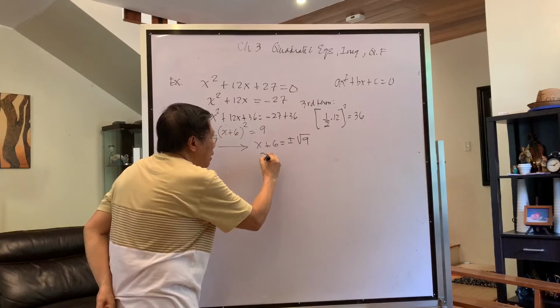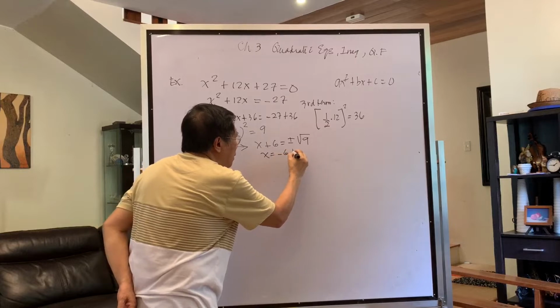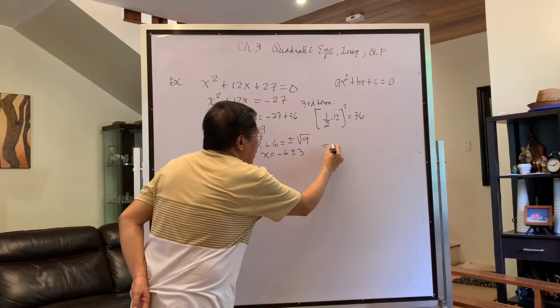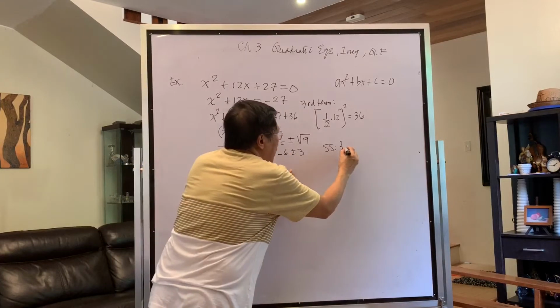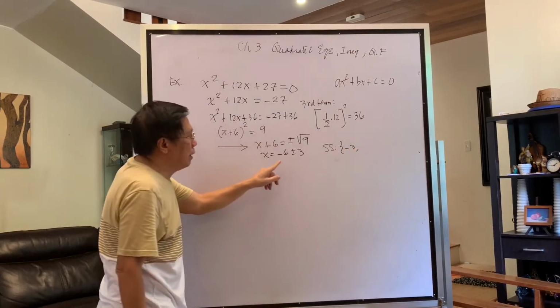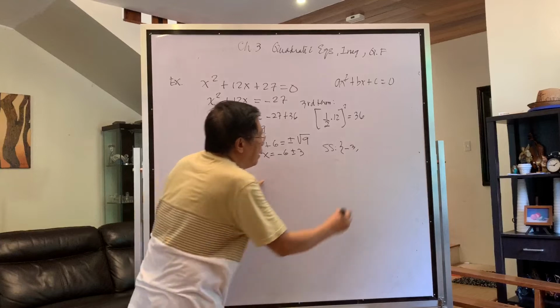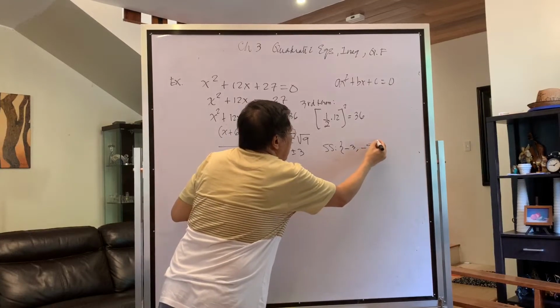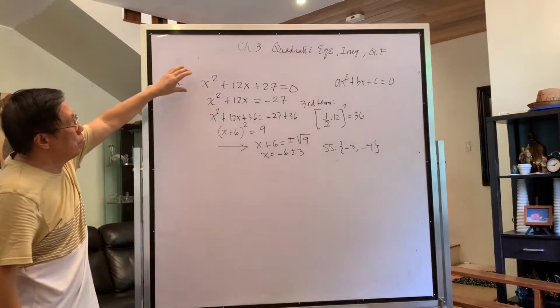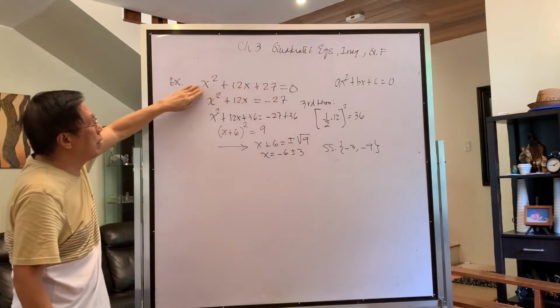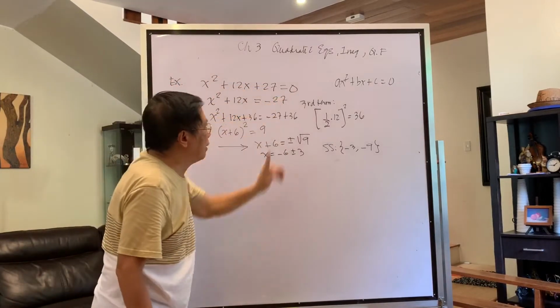Simplifying this, we get x equals negative 6 plus or minus 3. Our solution set will be negative 6 plus 3 is negative 3, and the other one is negative 6 plus negative 3, which gives me negative 9. These are the two values that will make the left-hand side become 0.